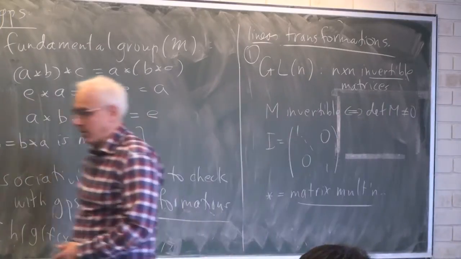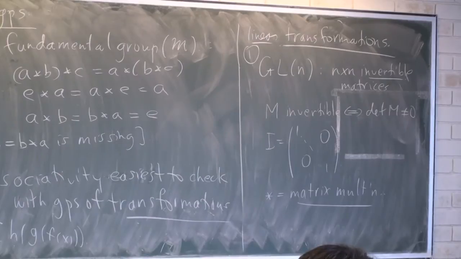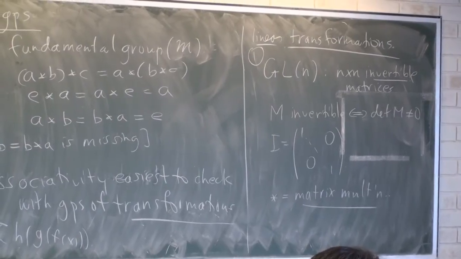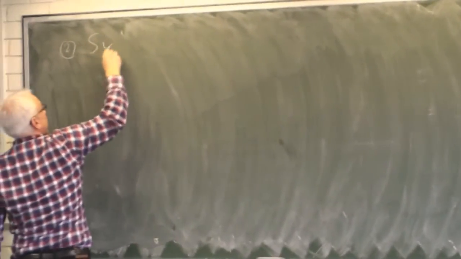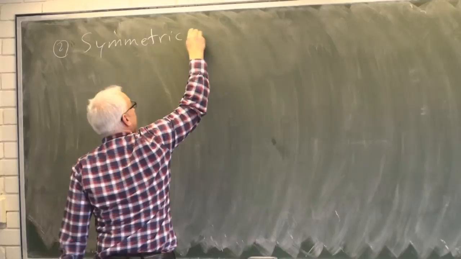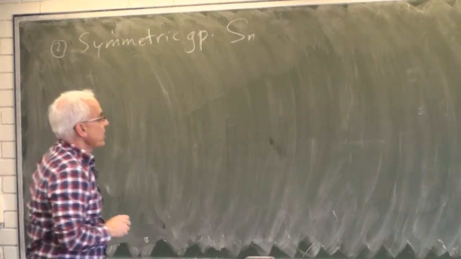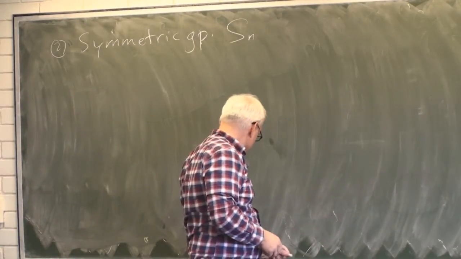Number two example, which is closely related to that one, is the symmetric group, S_n, which has different incarnations, and there's different ways of thinking about it.